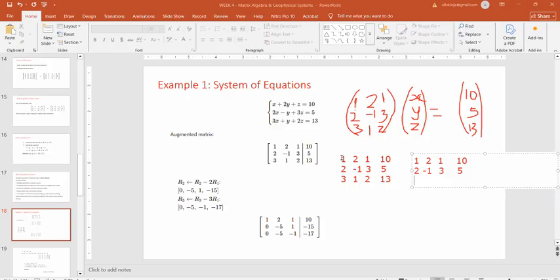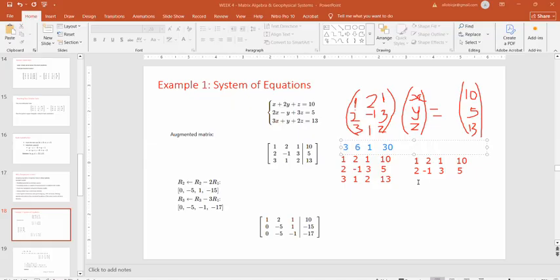So the new row 1 becomes, let me change the color, so let's multiply row 1 by 3. That is 3, 6, right? 1, then 30. That is the new row 1.